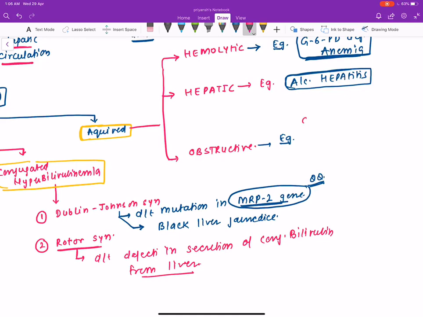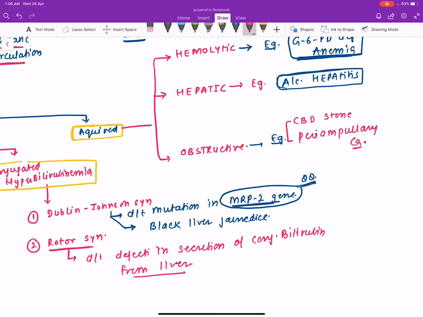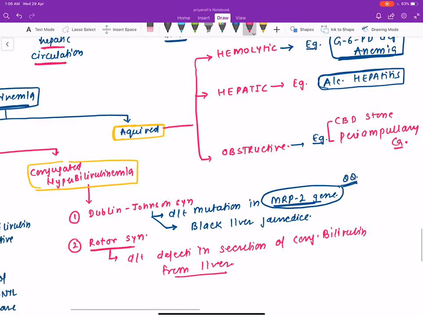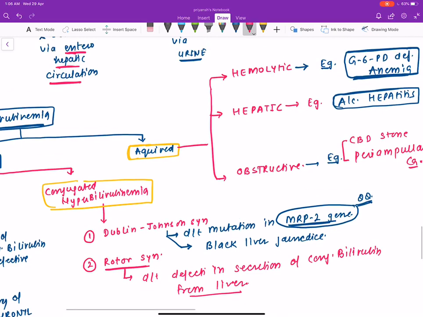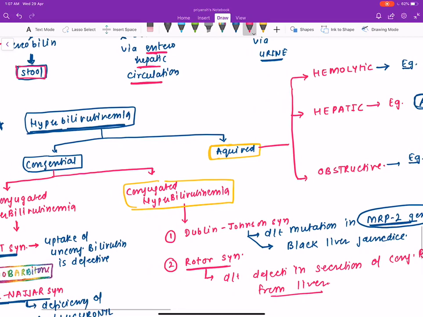That can be a CBD stone, a gallbladder stone, or periampullary carcinoma. That will lead to a physical obstruction, so that the bile will not be excreted, and in the same way the bilirubin will not be excreted. So these are the three categories on which the causes can be classified in the acquired category: hemolytic, hepatic, and obstructive.